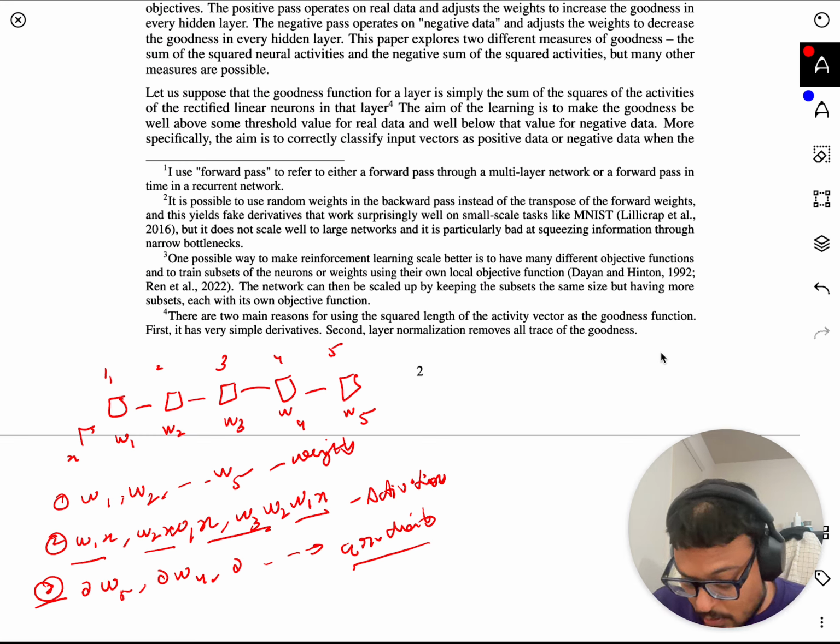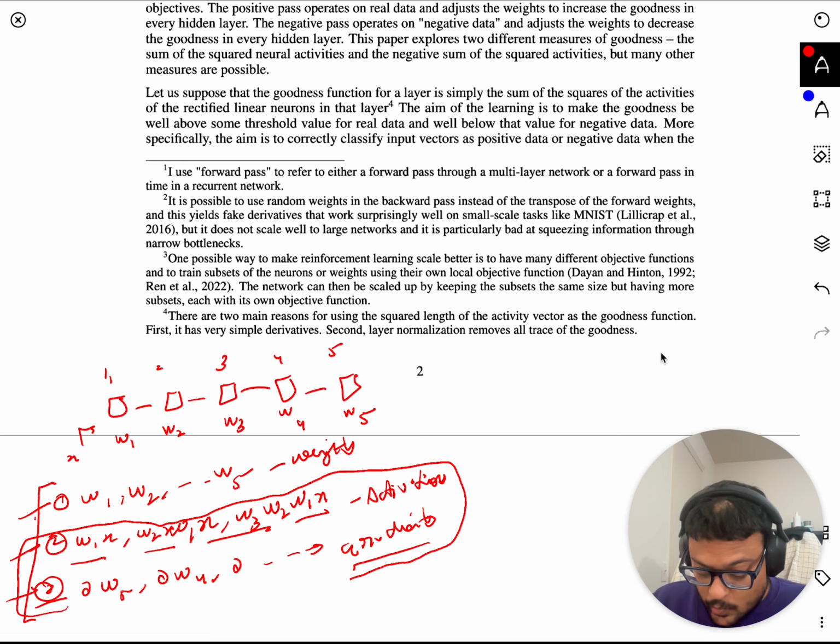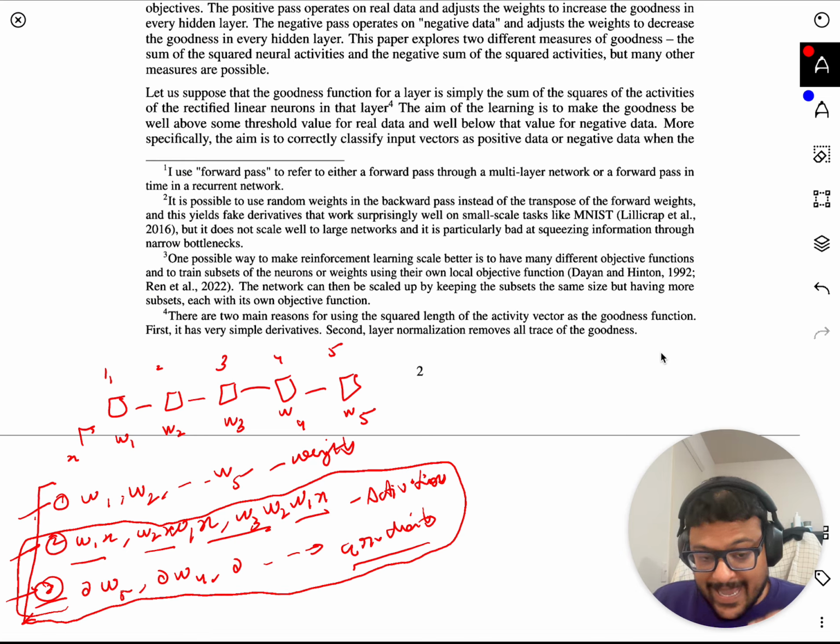And so as you can see, you have to hold all of these three things in memory, and that is what makes back propagation very bad, because you're storing three things, and this is not required. So the key memory cost is actually coming from these two parts, which is that you have to store the activations and gradients of all the layers in the memory, which makes it very inefficient in practice.